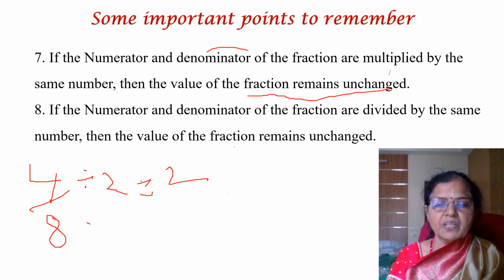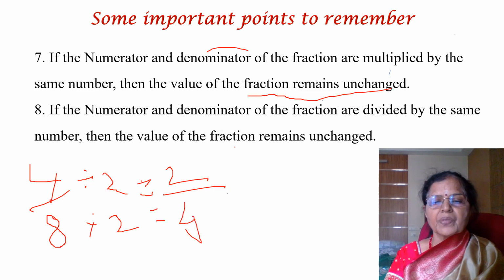And in the same way, the same number, you divide 8, the denominator, by 2, you get 4. So 2 by 4, same value. They are equivalent fractions. 2 by 4 is equivalent to 4 by 8, which is half, isn't it? So this is also half, this is also half. The value is half, 1 by 2.